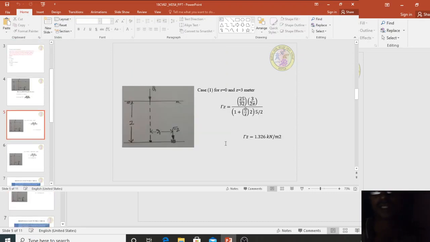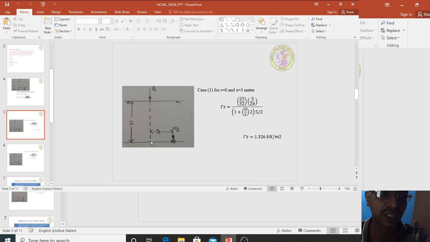So let us consider case 1. Case 1 means your r value will be 0. That means exactly below the loaded area, that axis. But z is at a depth of 3 meter. We are calculating sigma z 3 meter below the load applied point.